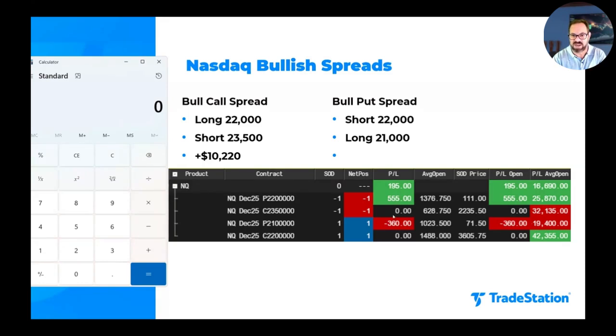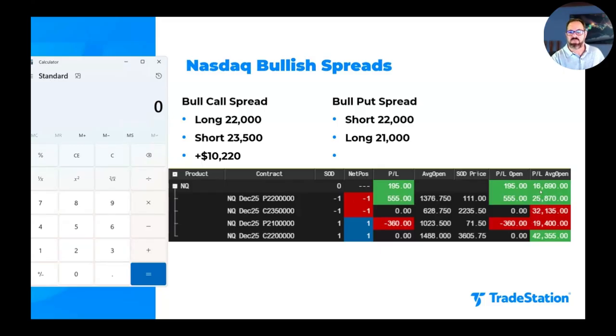I think this is the more accurate number here, because that call can't be worthless. It is deep out of the money, though, because that would show that the calls have 0 value and the puts are the ones making the value. But this should be profitable right now because those calls are in the money, both in the money. Anyway, I'm not sure why the P&L open looks different than the average P&L open, but looking at this one, I'll use that number as well.